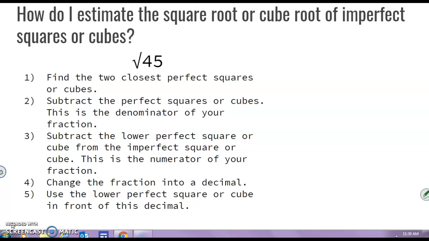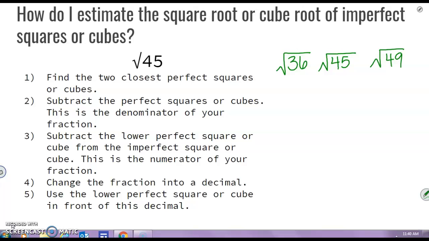So the first thing I'm going to do is find a lower perfect square and a higher perfect square. I know the square root of 49 is 7, so that is a higher perfect square, and the lower perfect square would be 36.